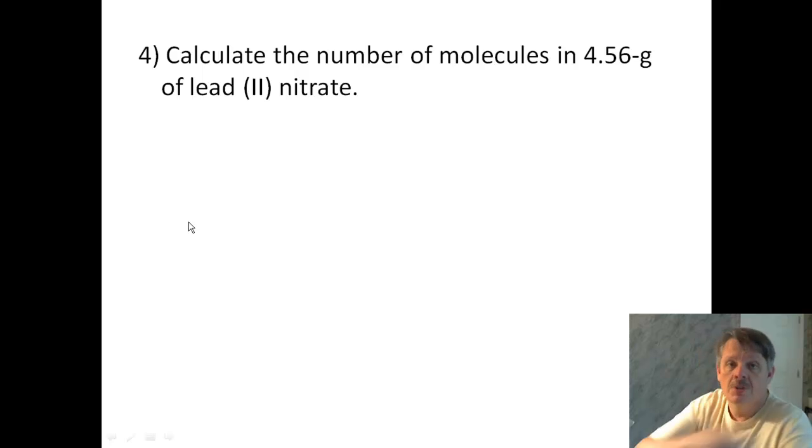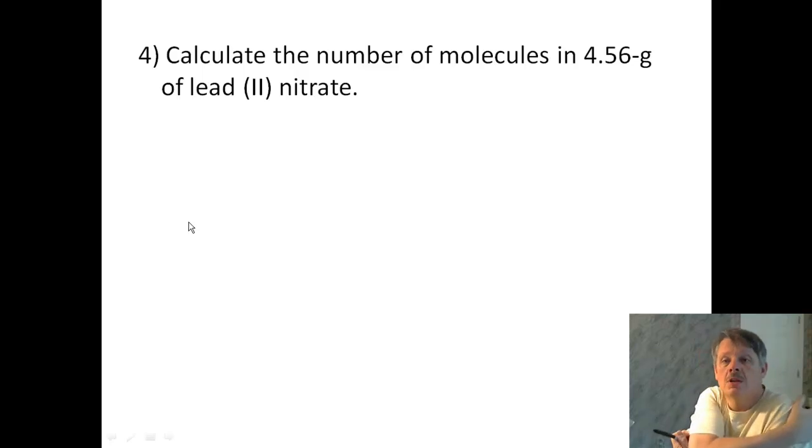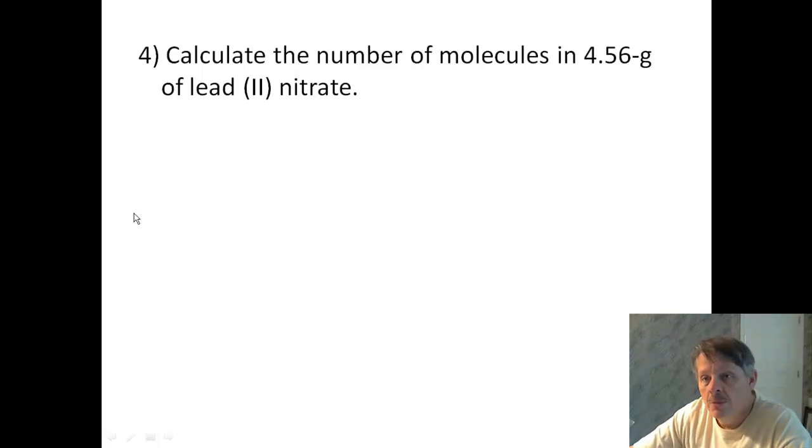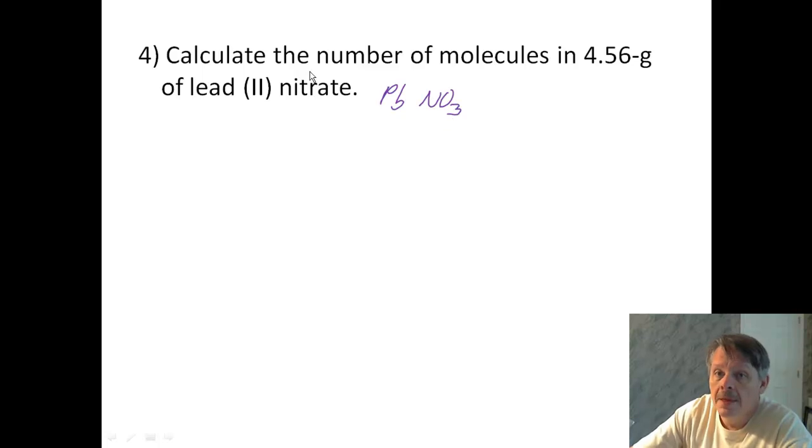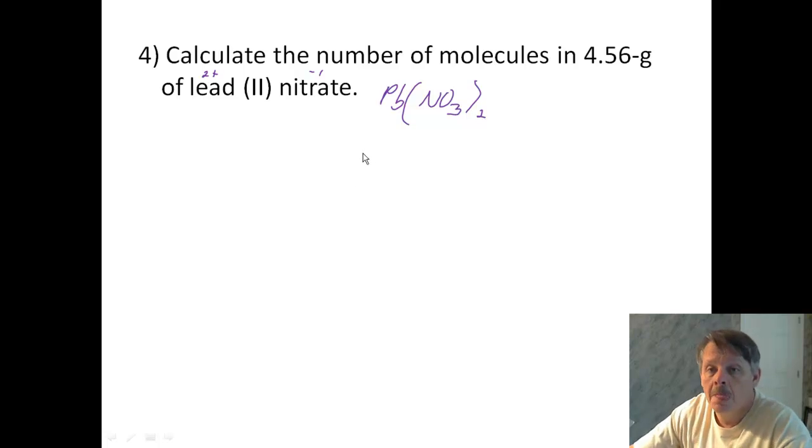All right, looking at number 4, calculate the number of molecules in 4.56 grams of lead nitrate. So I have grams again, so I have to figure out how much lead nitrate weighs, which means I have to figure out what lead nitrate is. Well, lead is Pb, and nitrate is NO3, and nitrate has a -1 charge, and lead has a 2+ charge. When they crisscross, I need 2 nitrates, so I have to put the 2 over there. So let me figure out first how much lead nitrate weighs.